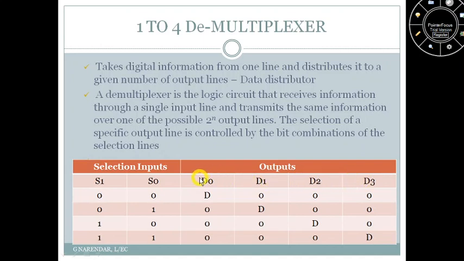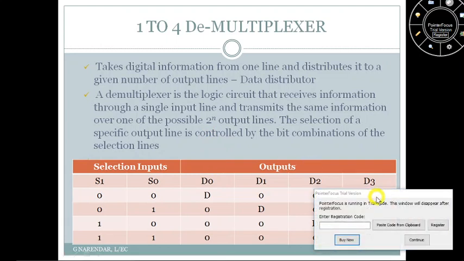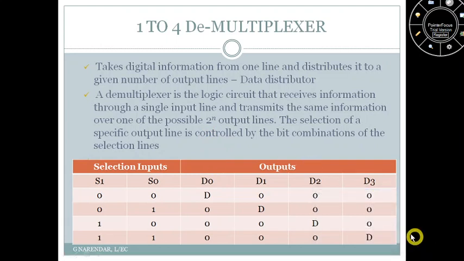And what is the input? The input is the data input, say it is D. So there is only one input, and that information on the input line will get distributed over a number of output lines, depending on the bit combinations of the selection inputs.